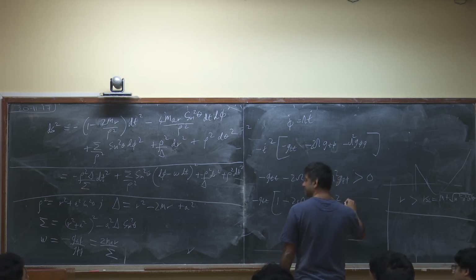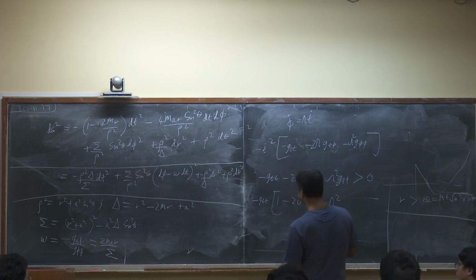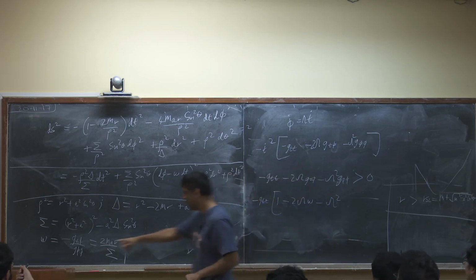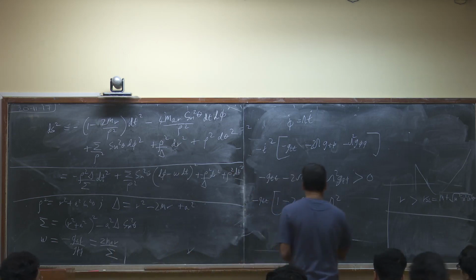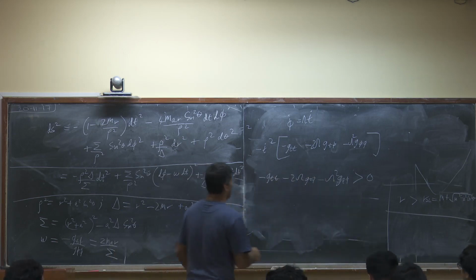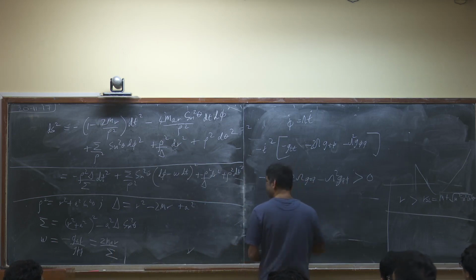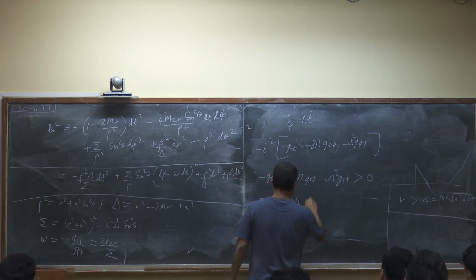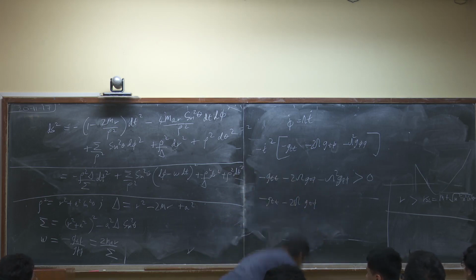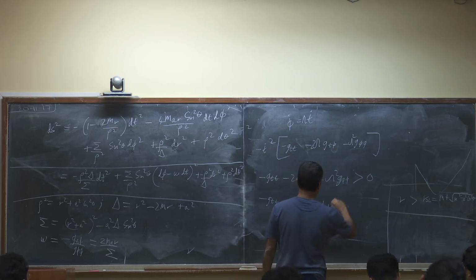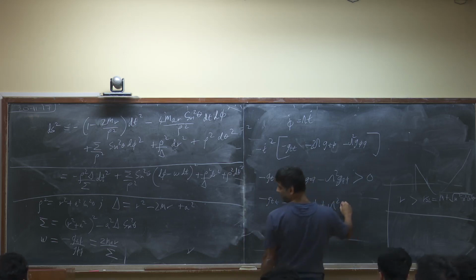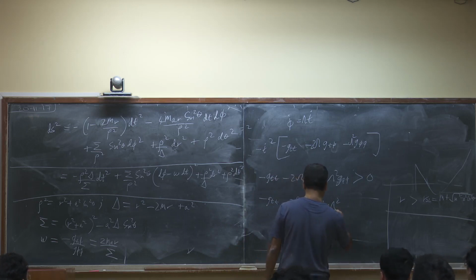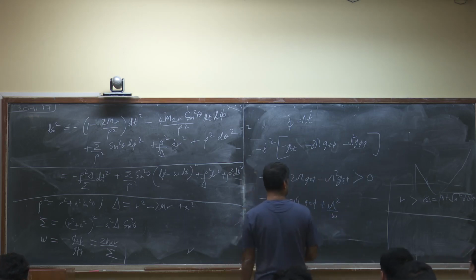The g_t phi and g_tt don't match; g_phi phi has to be taken out. Ah, you're right. Okay, let's not be so clever. Let's write g_phi phi in terms of omega: g_phi phi is g_t phi over omega, plus omega squared.